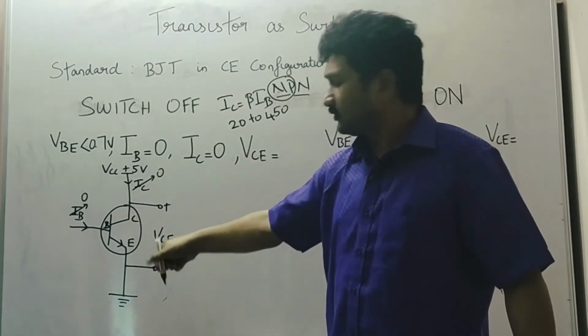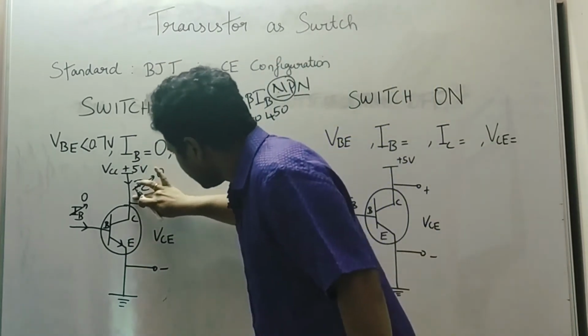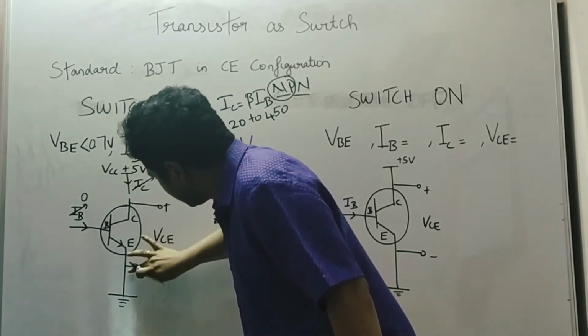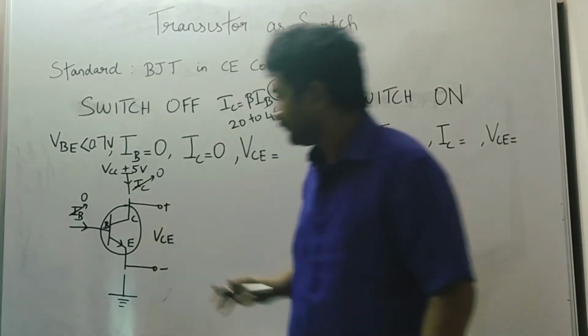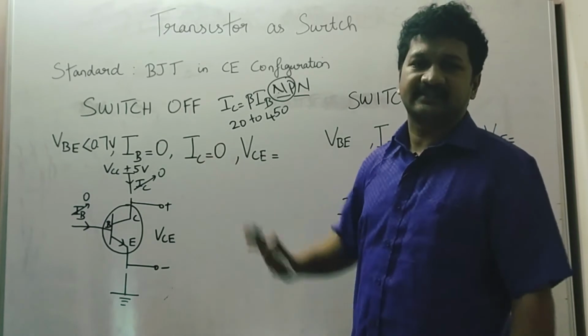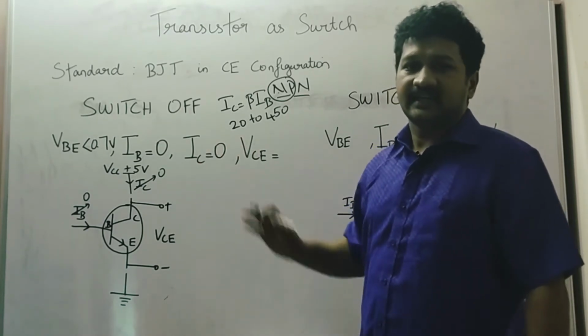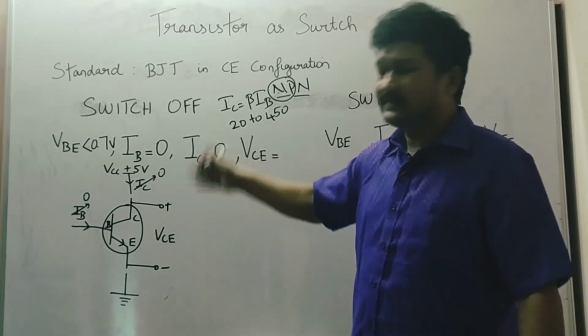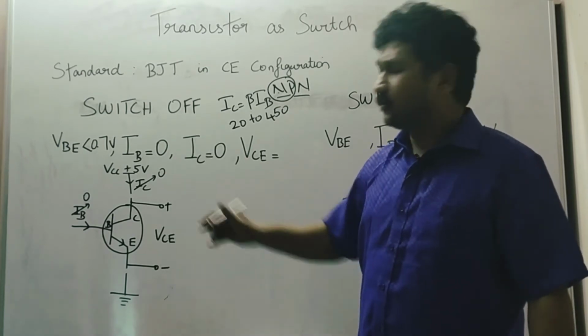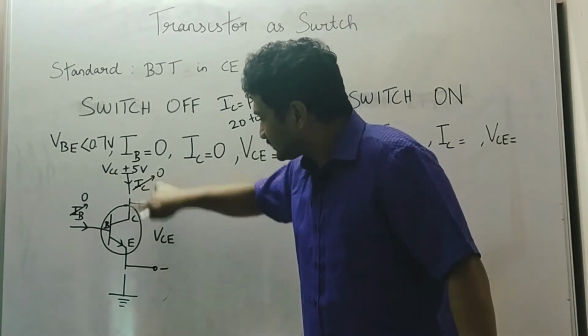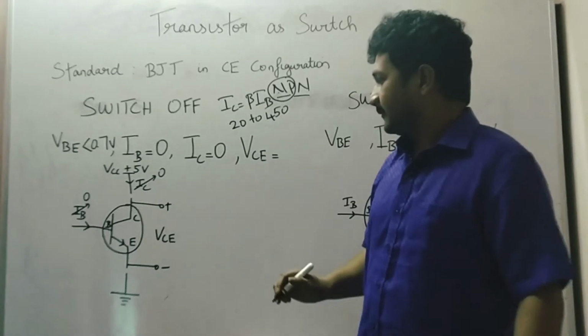No current flows. This is an open switch. When we say open switch, it means the switch is in off condition. This terminal is open, so there is no flow of current.